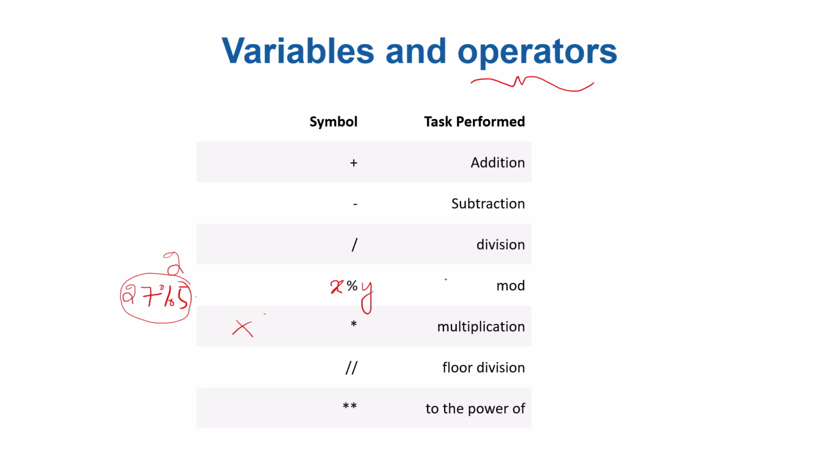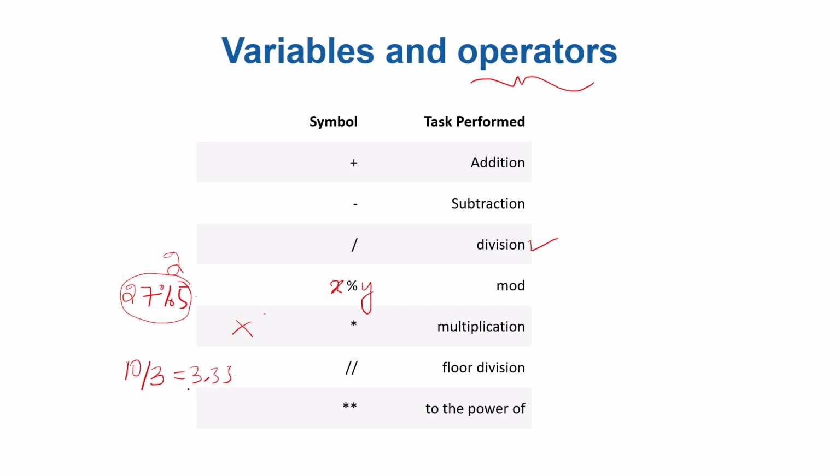This double slash is like the division, but it is division with the result floored to the quotient. What I'm saying is the following. For example, if you divide let's say 10 by 3, the result will be a floating point number, and the result will be 3.33, something like so.